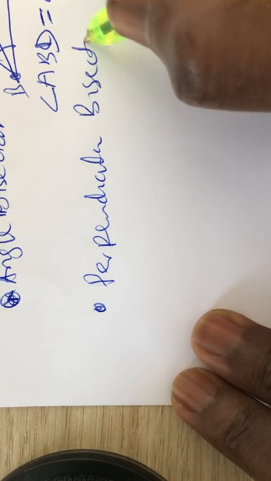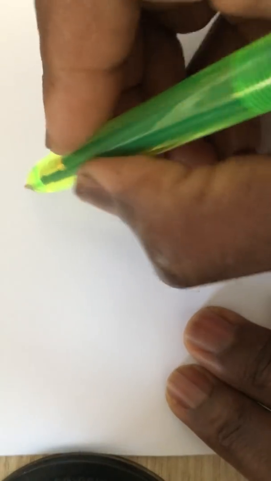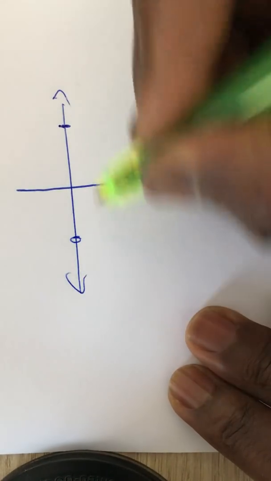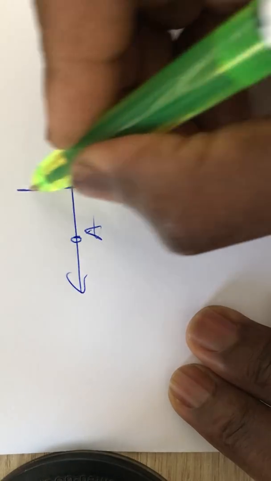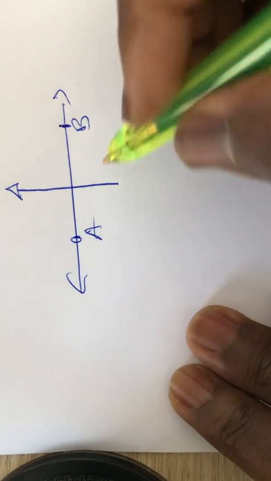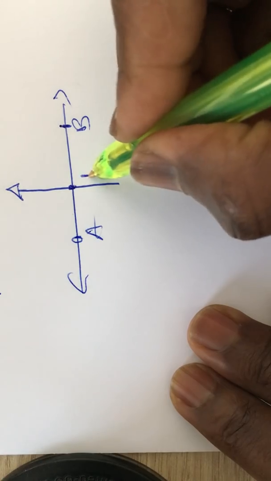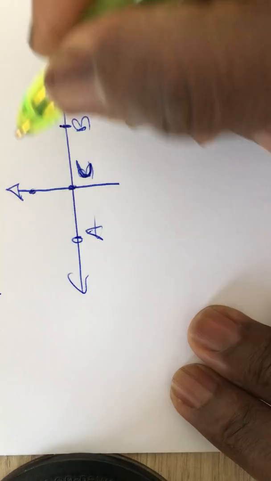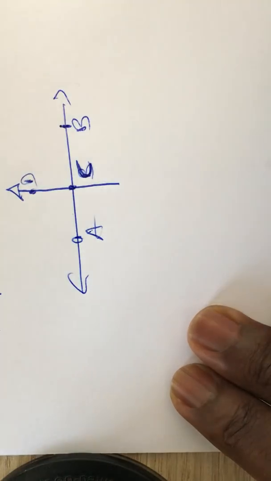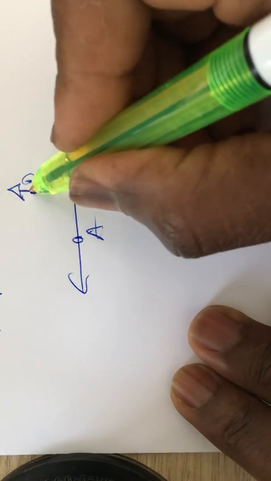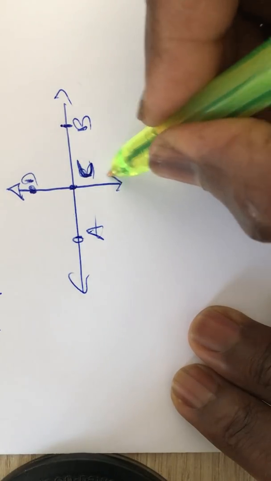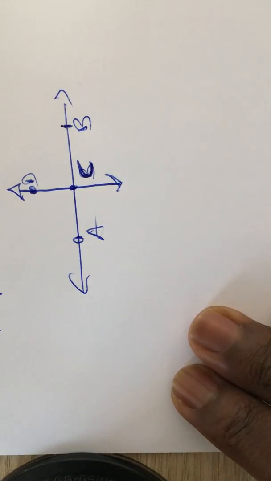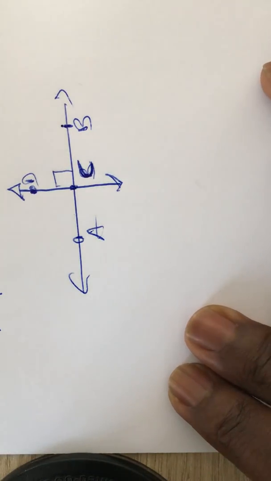The second type of bisector is the perpendicular bisector, which you can use with a line segment. Let's say line segment AB, and then we have another line segment there, CD, so that this line segment intersects at point C at a right angle.